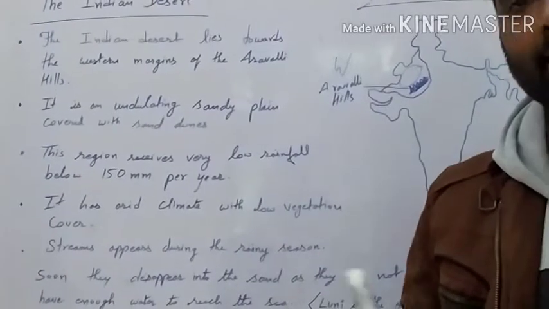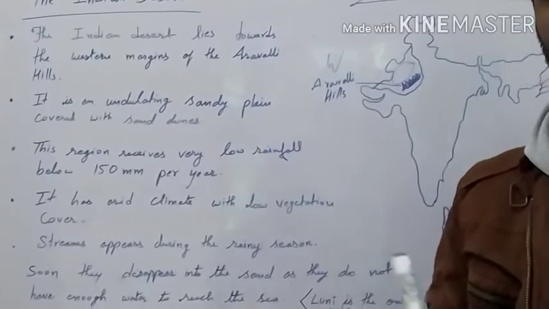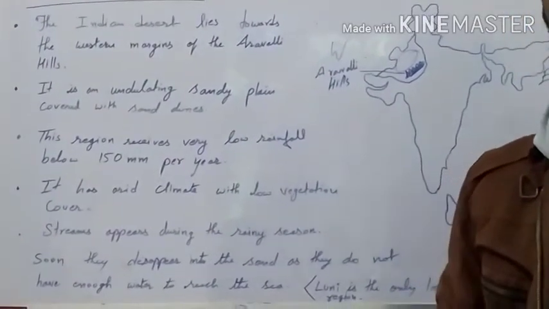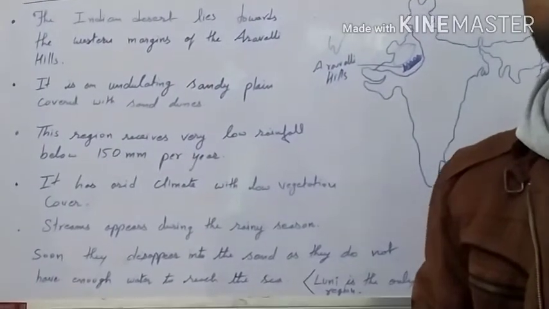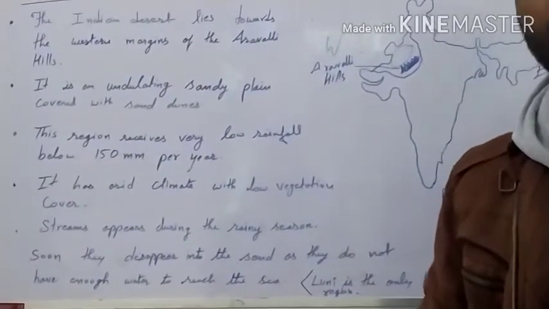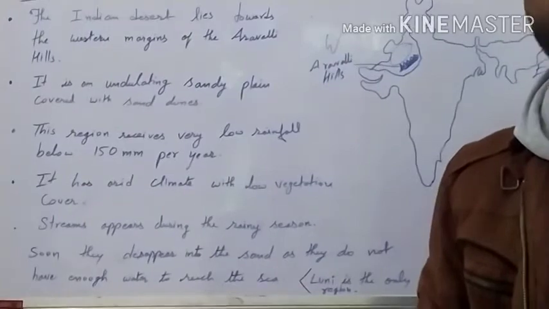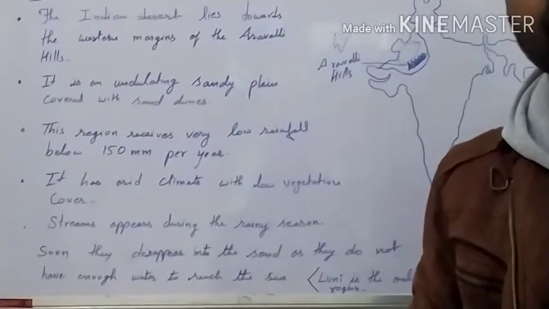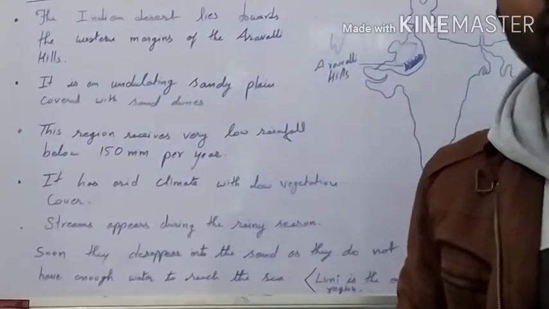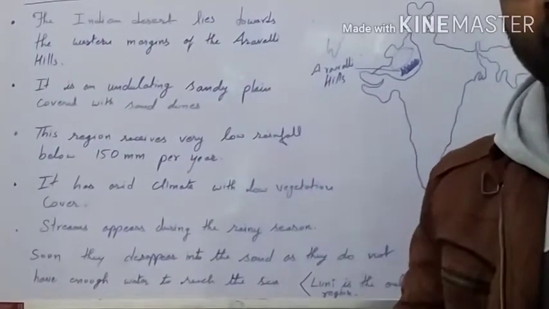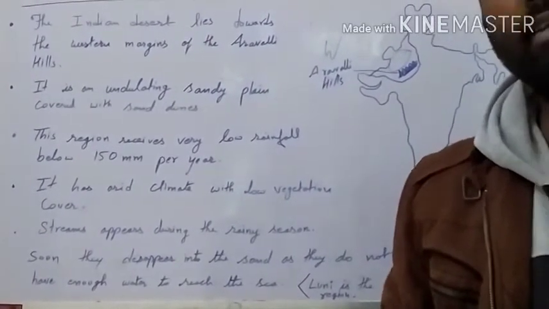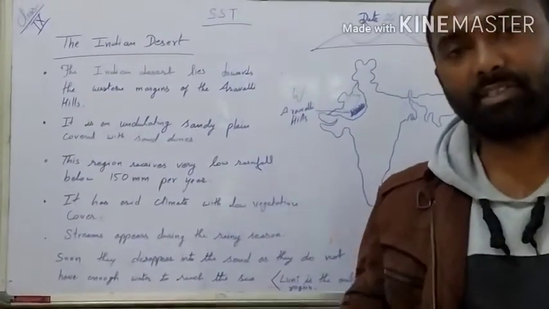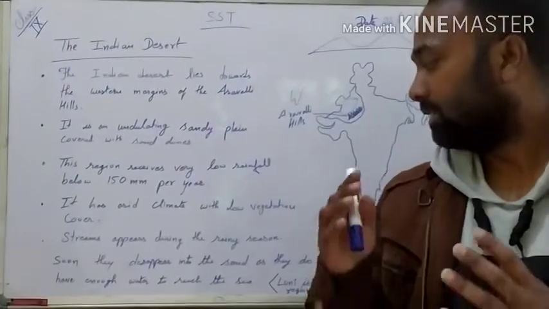As I told you, it is a temporary stream because it disappears before it reaches the sea. The surface water cannot flow for a longer time because it is absorbed and soaked inside the sand. The sand cannot hold the water, as we all know, and the water percolates deep inside, so the stream vanishes before reaching the sea.